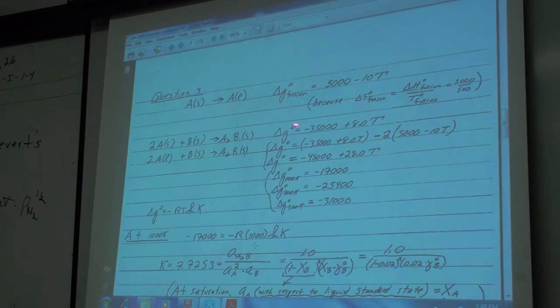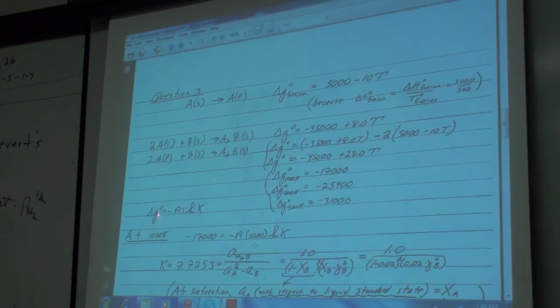Okay, then I take this reaction here. This reaction minus this reaction gives me this reaction. So the Gibbs energy of this reaction is this one, or minus 2 times this one. There's 2 in there. So this is the Gibbs energy here of formation of A2B solid from liquid A and the solid B. And so for this reaction, the delta G naught I calculated at 3 different temperatures, 1,000, 700 and 500.